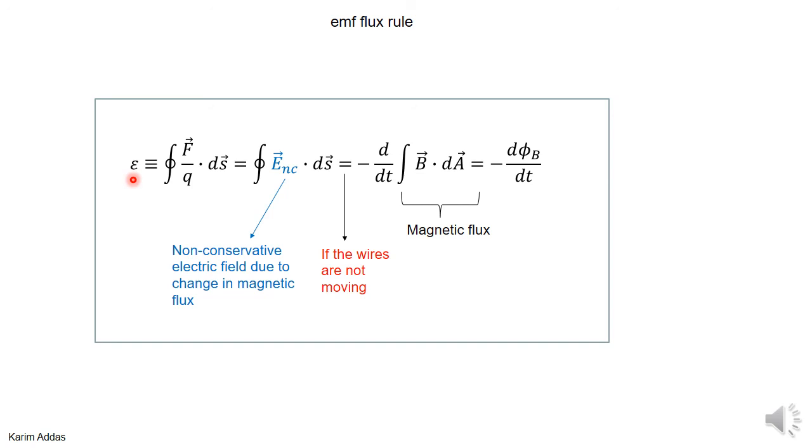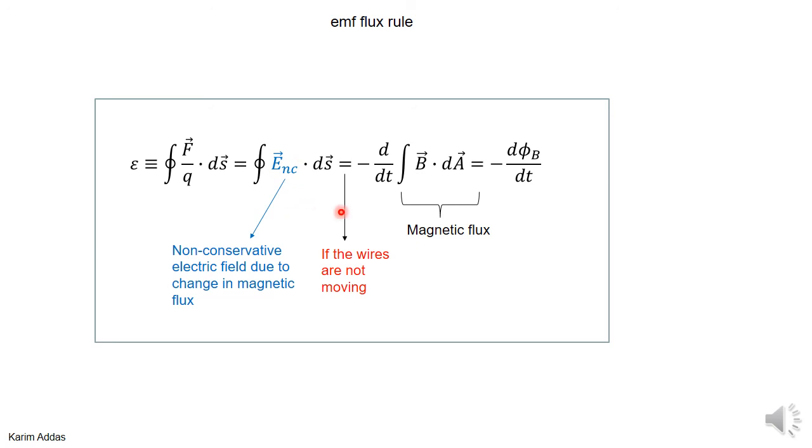And so now we have a relationship that relates the EMF in the closed loop to the rate of change of magnetic flux through the loop, and the non-conservative electric field that's created going around the loop.